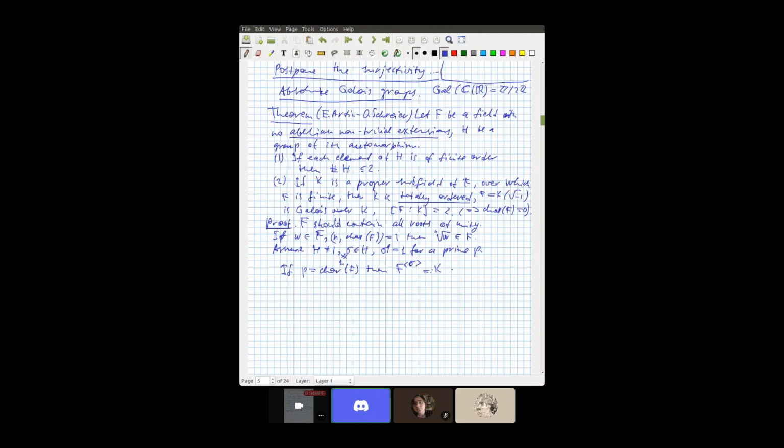So F is obtained by adjoining a root of the Kummer equation, alpha to the p minus alpha is equal to a, for some a in K. Right. So now we want to get a contradiction.